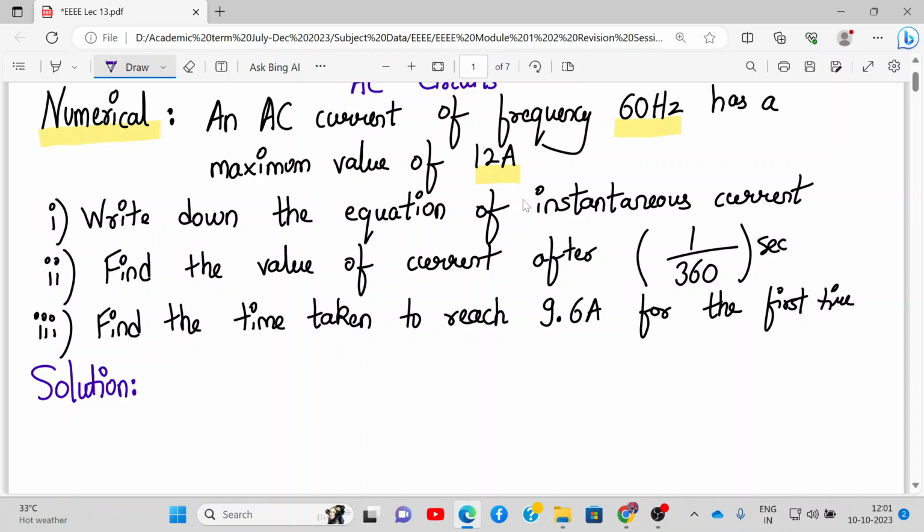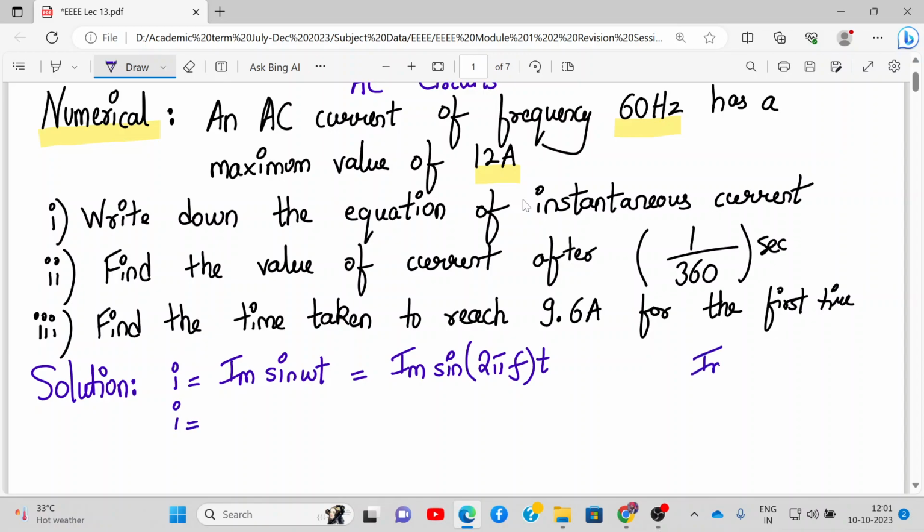First of all, we have to write it in the form of the instantaneous current equation. So the standard form of current is i equals Im sine omega t. We can write this as Im sine 2 pi f t. Now the frequency is given and Im is given.